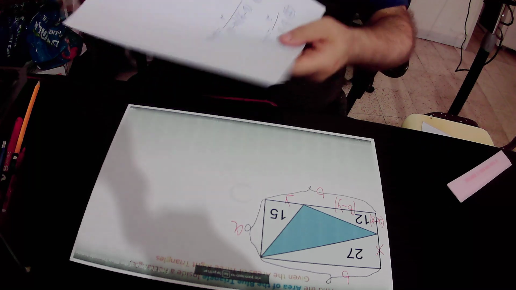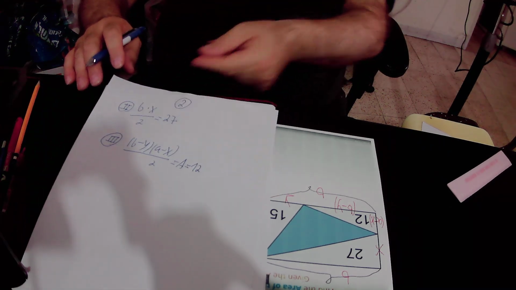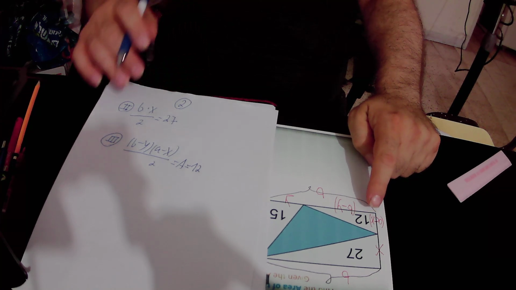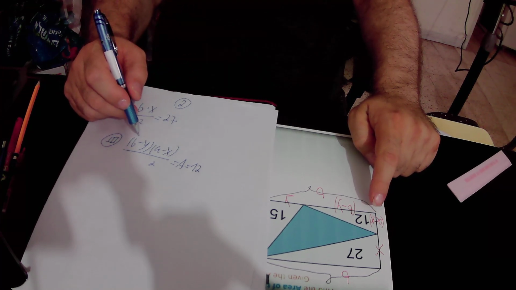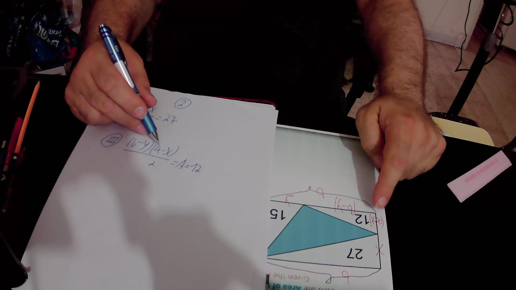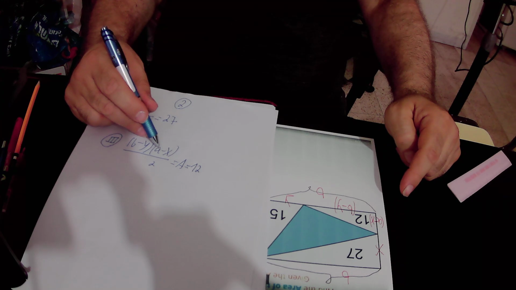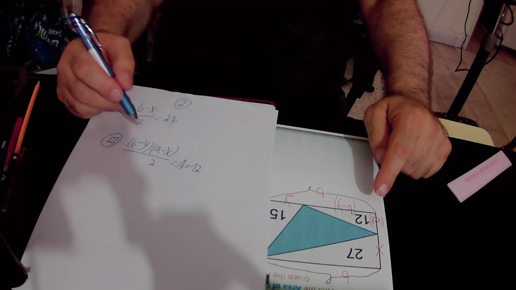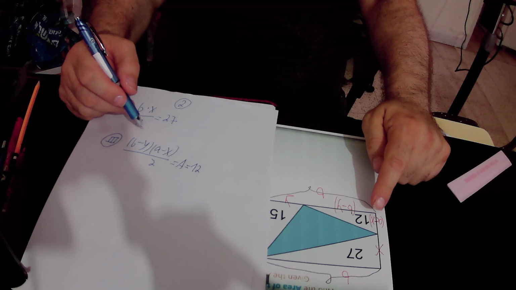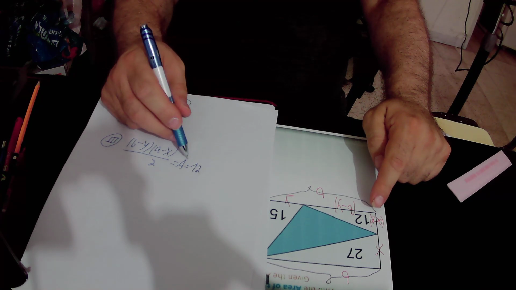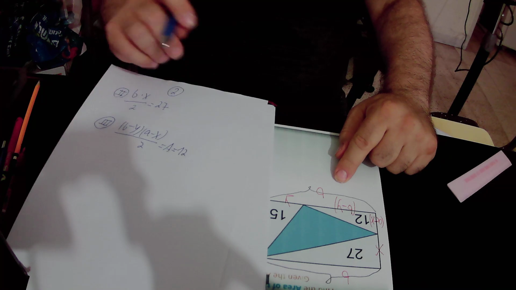Okay, so the third equation is the formula for the area of this triangle, that equals the base of the triangle, that is B minus Y, times the height of this triangle, that is A minus X, all divided by 2. It is the area of this triangle, and we know the area, A, equals 12 units.